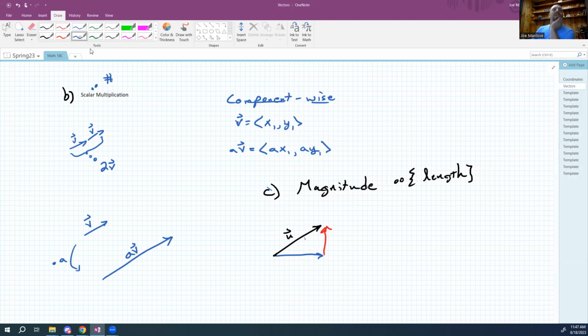So let's say that our vector here is a in the x direction, so it's a i, the blue vector, and it's b j. What I'm saying here is that my vector u, I could write it as a comma b, or I could write it as the vector a times i plus the vector b times j.